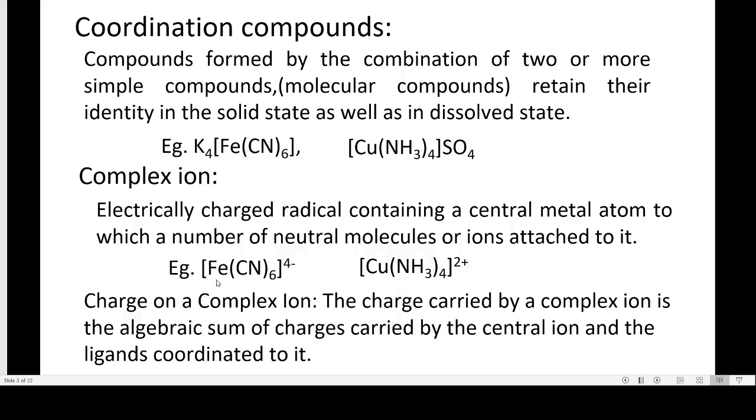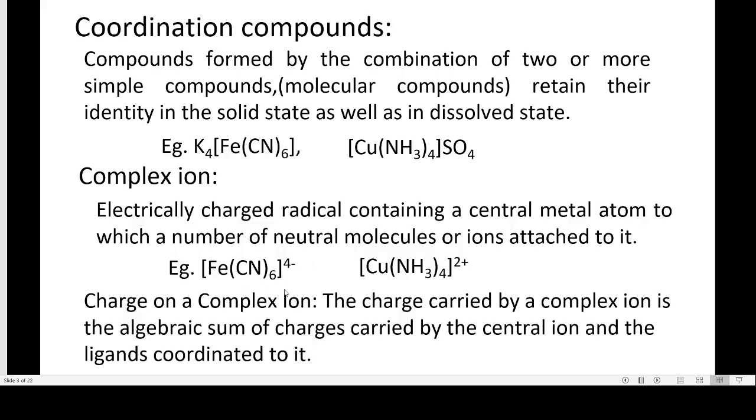Here iron is the central metal atom to which 6 cyano groups are attached. In this complex ion, copper is the central metal atom to which 4 ammonia groups are attached. The charge on the complex ion is the algebraic sum of charges carried by the central ion and the ligands coordinated to it.